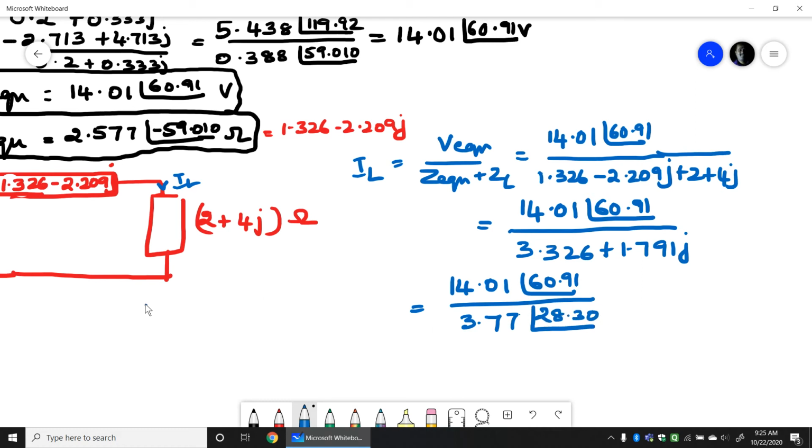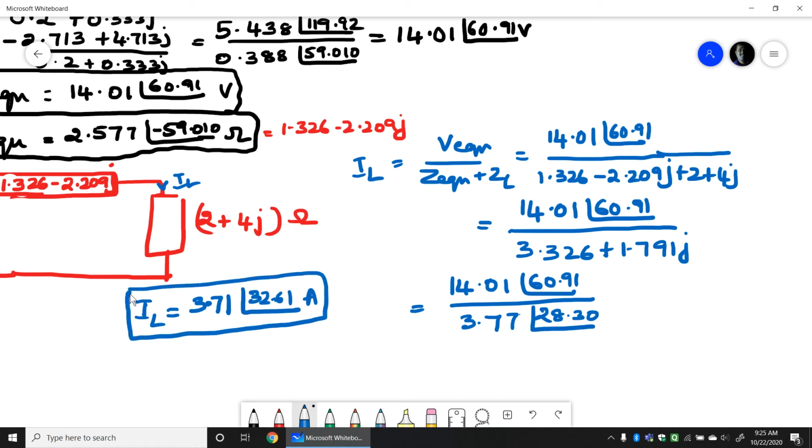Therefore the current IL is now finally equal to 14.01 divided by 3.77, which is 3.71, at an angle 60.91 minus 28.30, 32.61. So this is the load current IL which we have found for this particular problem.